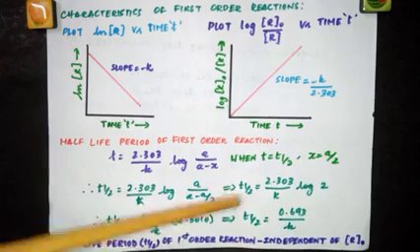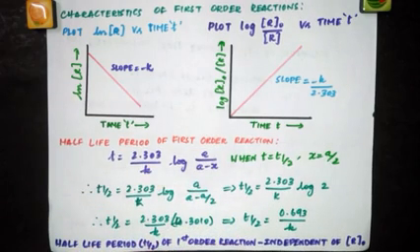When you look at this T half expression, you cannot find the concentration of the reactant. But when you derive the half-life period expression for zero order, we got T half is equal to concentration of R naught by K. So we concluded the half-life period of a zero order reaction depends upon the initial concentration.